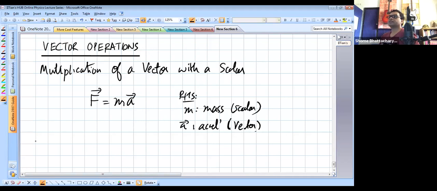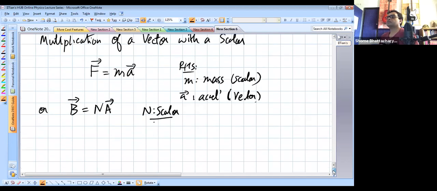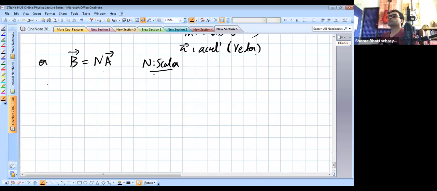Okay, so we generally denote it like this: suppose we say any vector b is equal to any scalar n multiplied by any vector a. So here n is a scalar. Let us look at three possibilities here. Possibility one is that n is a positive quantity, like in the case of mass, there is no such thing as negative mass, it's just a magnitude.